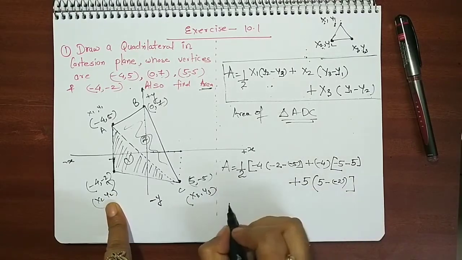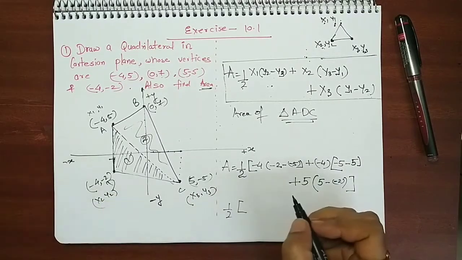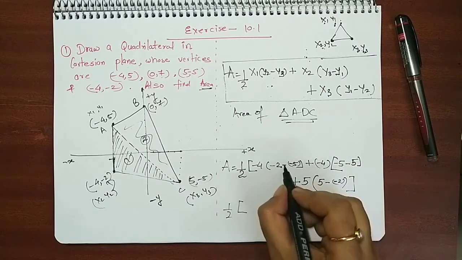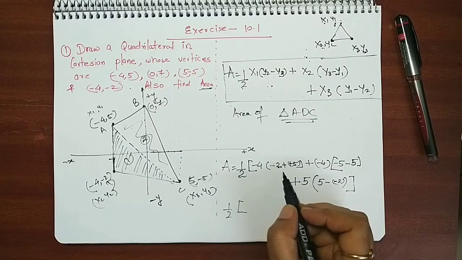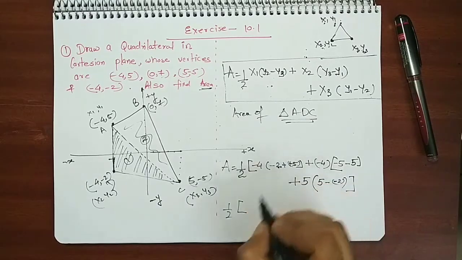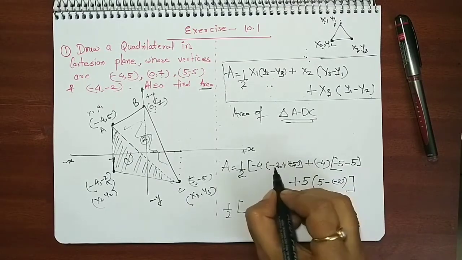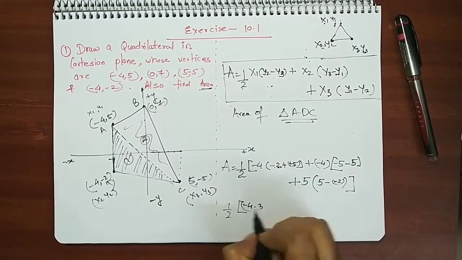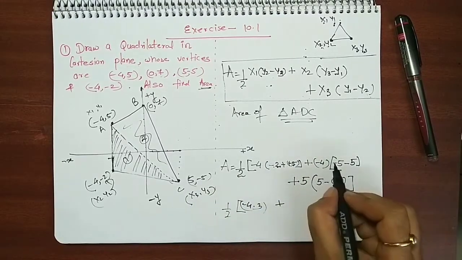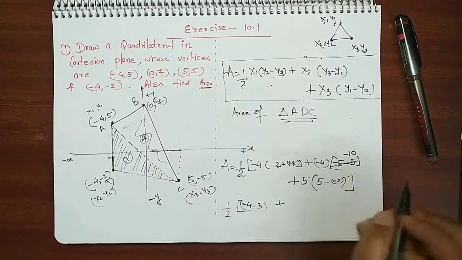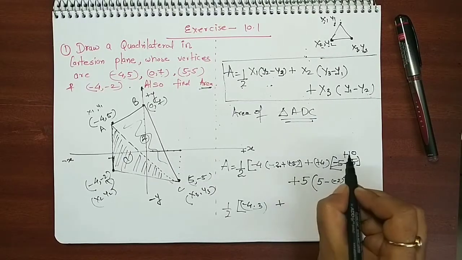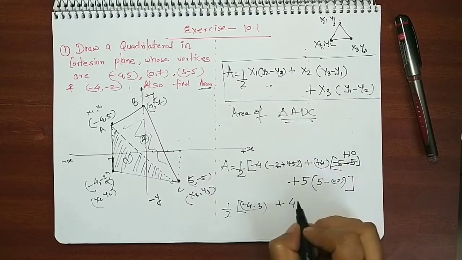Now carefully I have to solve it. 5 minus 2 becomes 3, so minus 4 into 3 is the first part. Plus, this is minus 10, and minus becomes plus, so 10 plus 4 is 40.